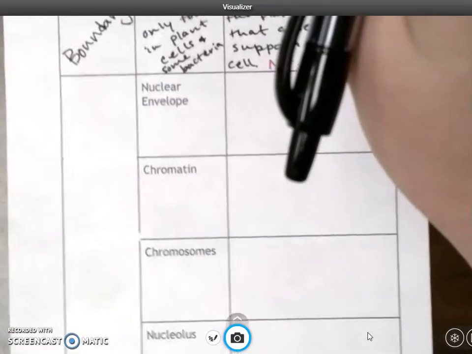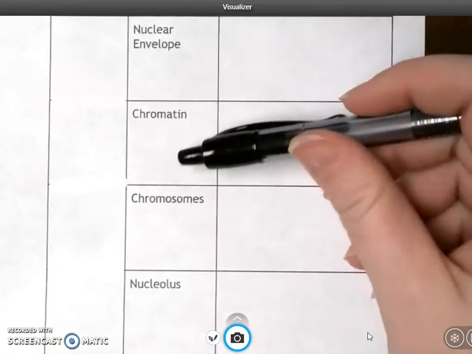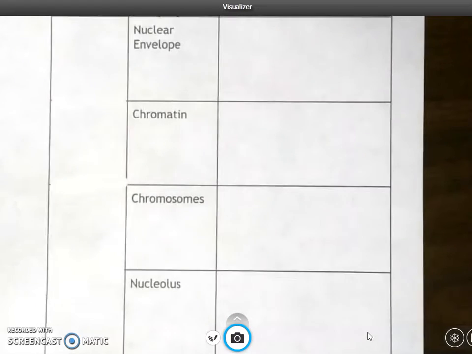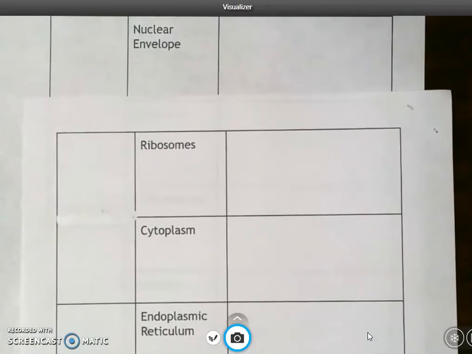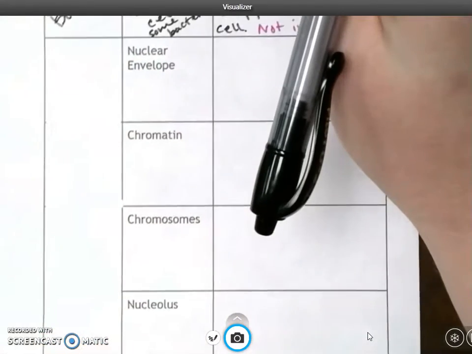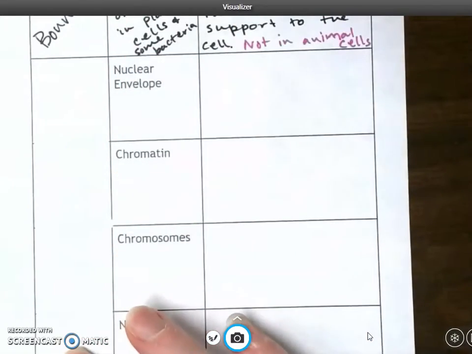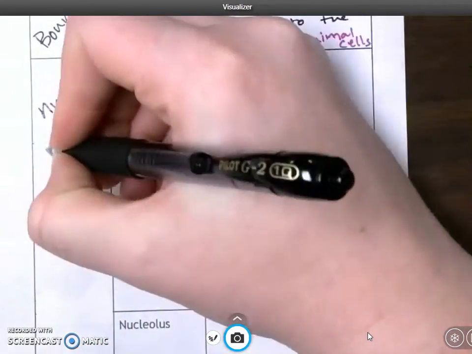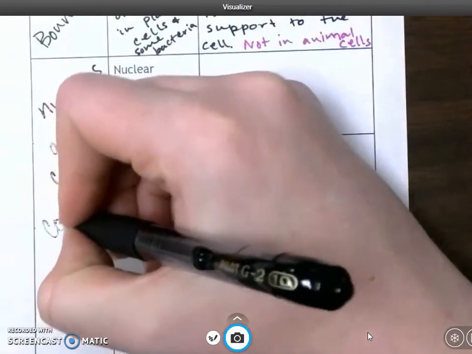Okay, our next structures that we're going to talk about: nuclear envelope, chromatin, chromosomes, nucleolus, and onto the next page, ribosomes and cytoplasm. They all are either part of the nucleus or are involved in cell control. So this whole box right here, that's what we're going to write: nucleus and cell control.